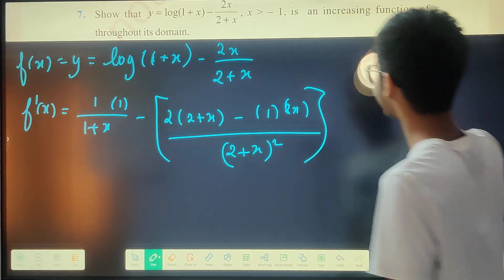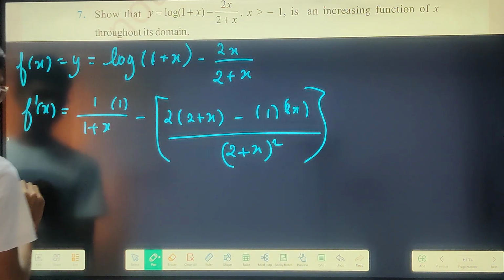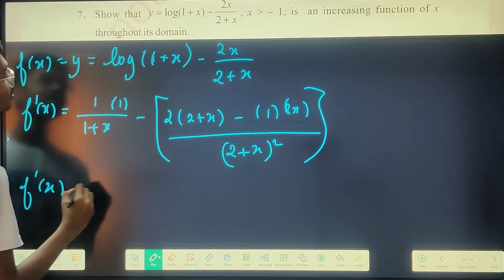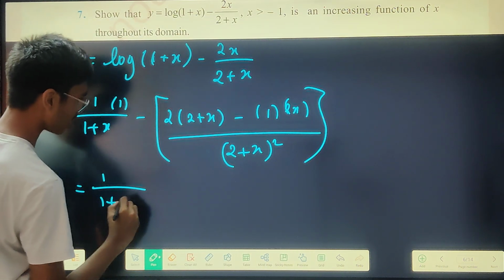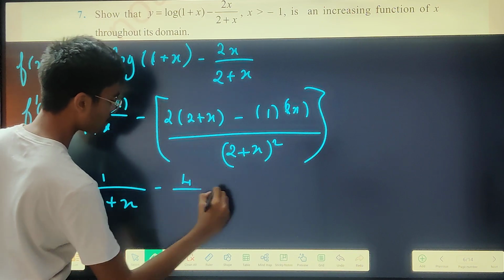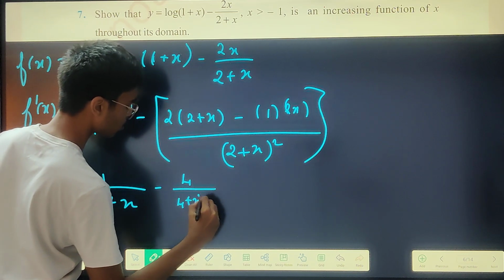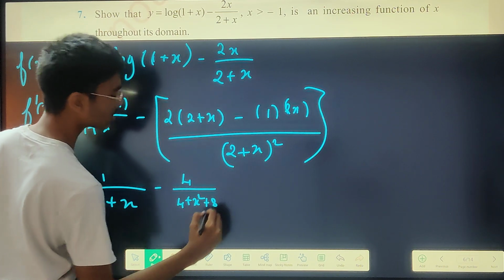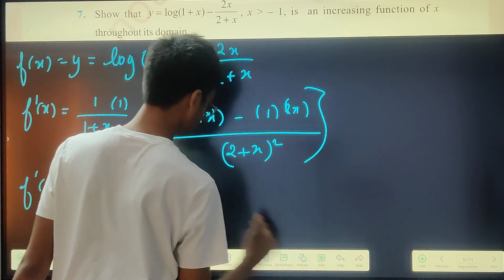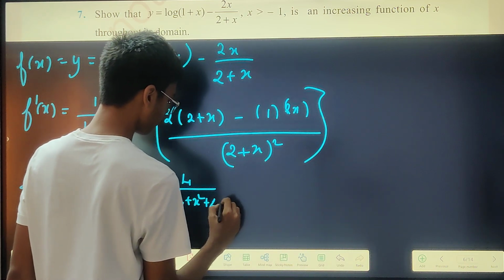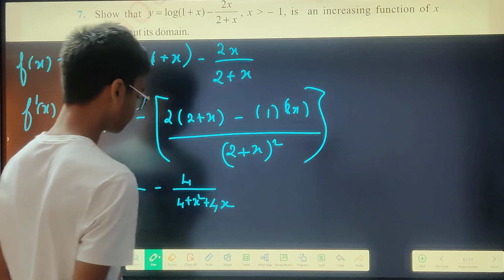Now I check why this is hard. F dash x is equal to 1 by 1 plus x minus 4 by 2 plus x the whole square.